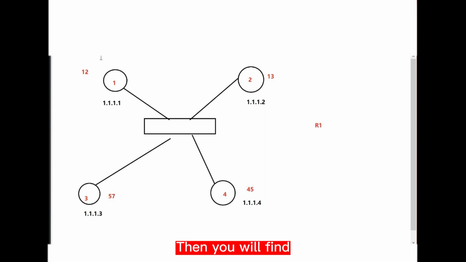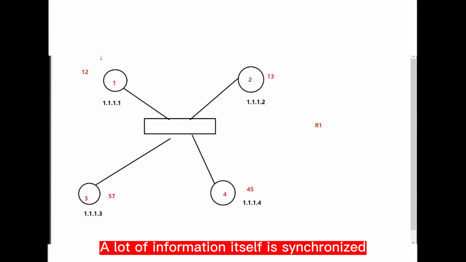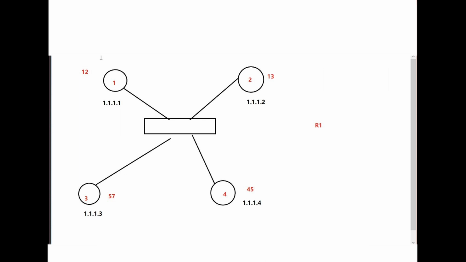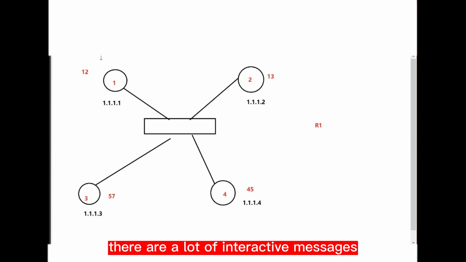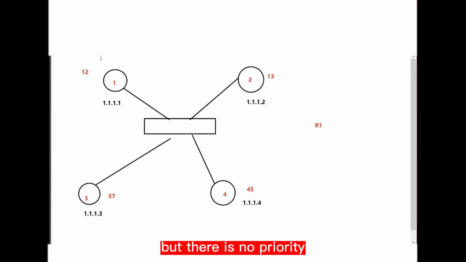Then you will find, when they establish an adjacency, a lot of information itself is synchronized. There are a lot of interactive messages, but there is no priority and they are less valuable. And that's just 4 devices.